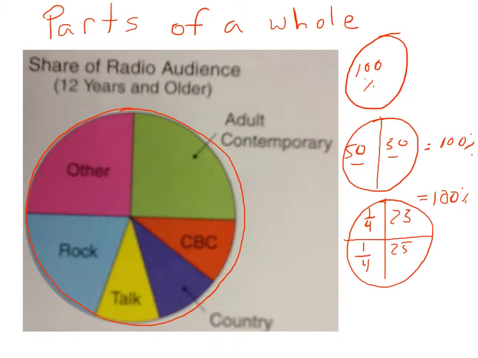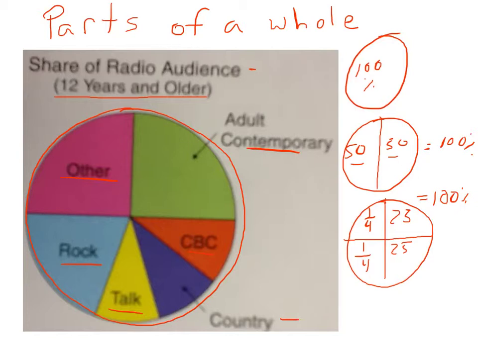Now let's take a closer look at our more specific example. We have a share of radio audience right here, and it's 12 years or older. So this is a survey done of people listening to the radio of 12 years or older. And their choices were adult contemporary, country, the CBC, talk, rock, and other choices that were possible.